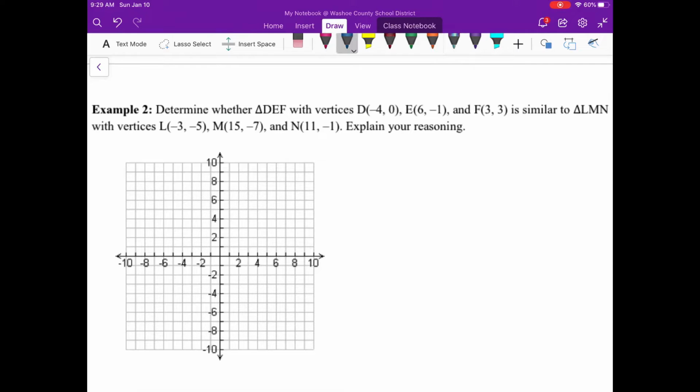Determine whether triangle DEF with vertices D, E, and F is similar to triangle L, M, N. Explain your reasoning. So let's start off by graphing this. I have D at -4, 0. Then E at 6, -1. And F at 3, 3. So that's my first triangle.